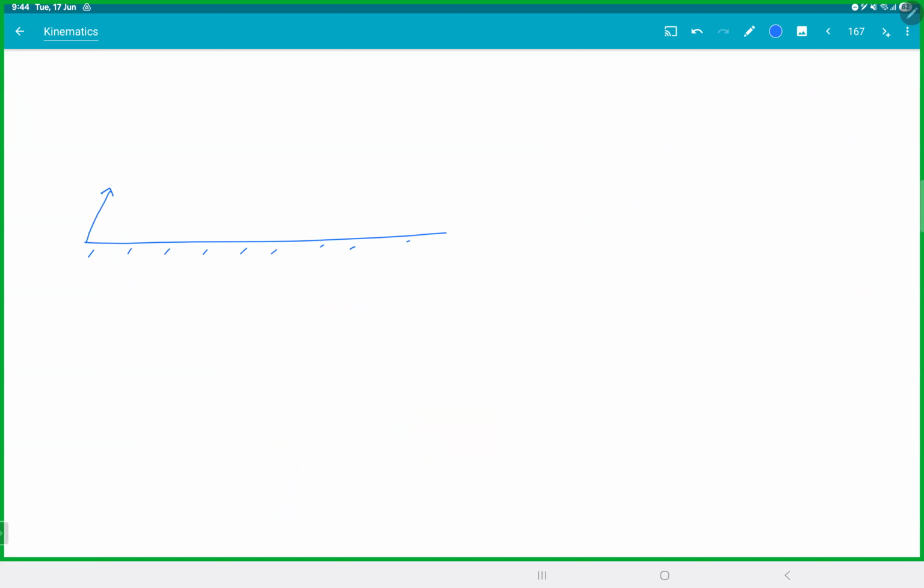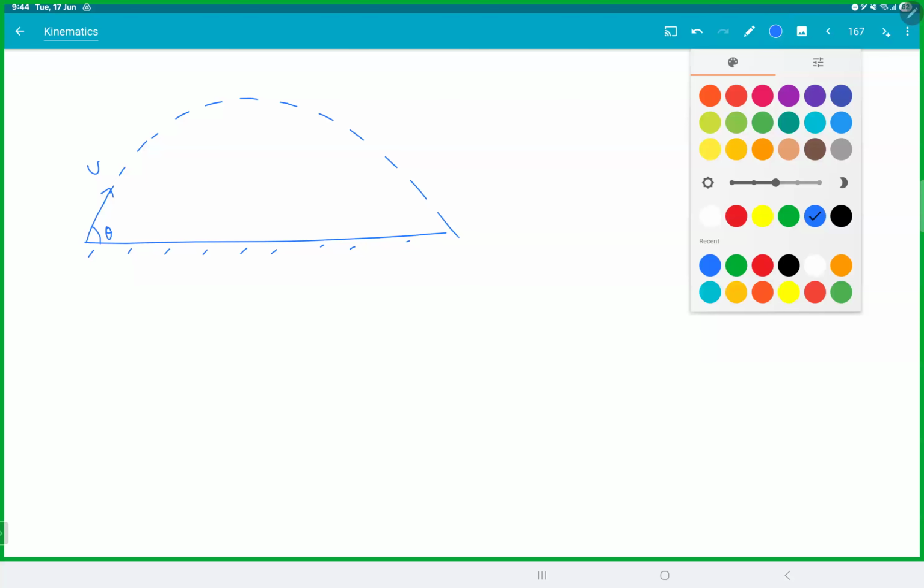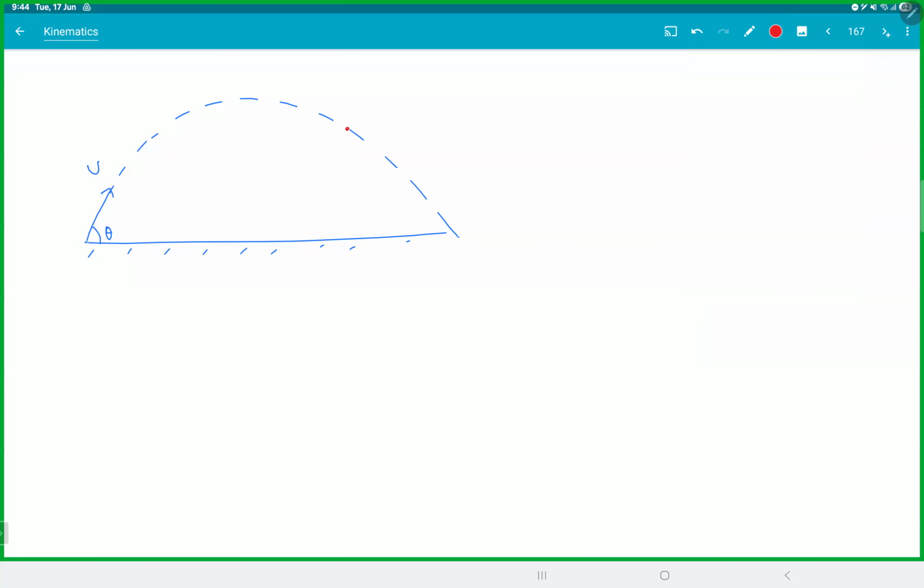When you're projecting this particle with angle theta, at any instant, look at this. At some point here, let's say this is your R bar. At this instant, this is your V bar. And let the angle between them be alpha.